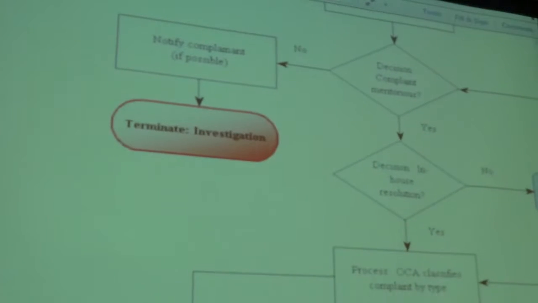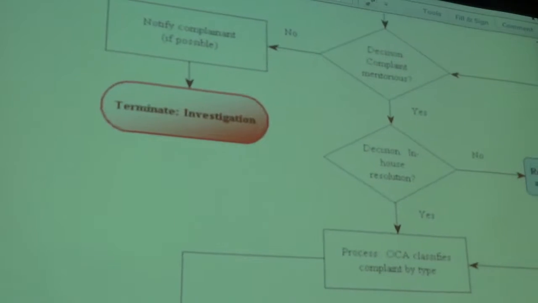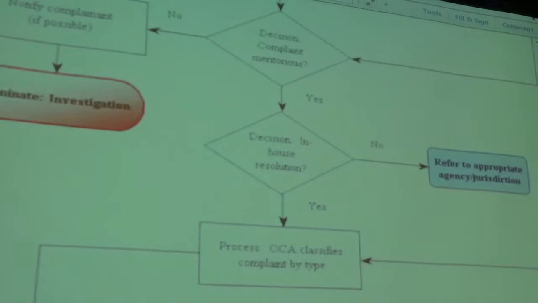If there's an in-house resolution, then OCA classifies the complaint by type. If the complaint has no in-house resolution, then OCA refers it to the appropriate agency or jurisdiction. That can be a criminal complaint to the prosecutor's office. It can be to the state, it can be to a federal agency.